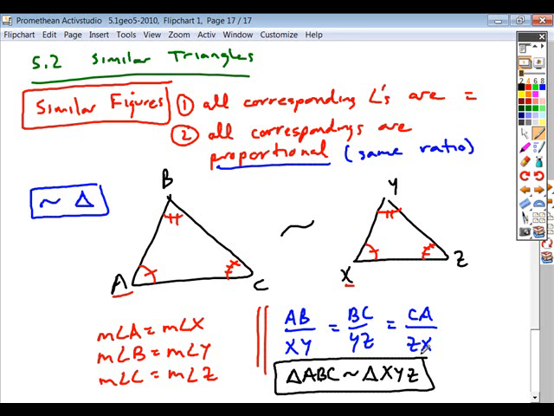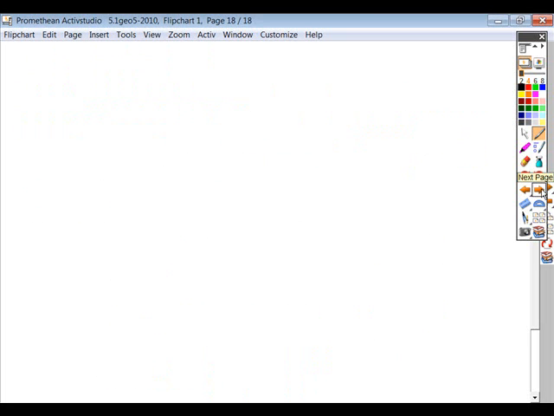Okay. Also, just like with the congruence patterns, you might start with a picture and you might start with a similarity statement itself. So if I started with the statement that triangle APX is similar to triangle BPQ, so BRQ.